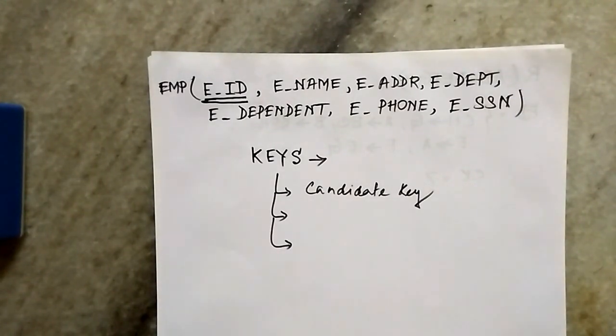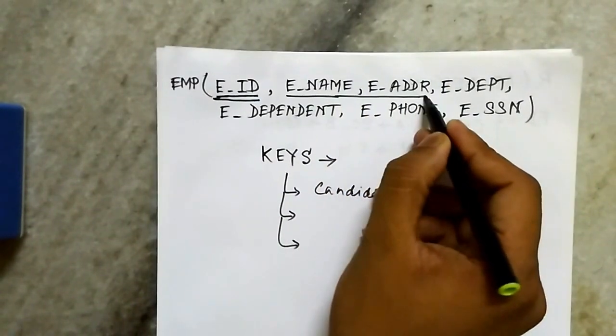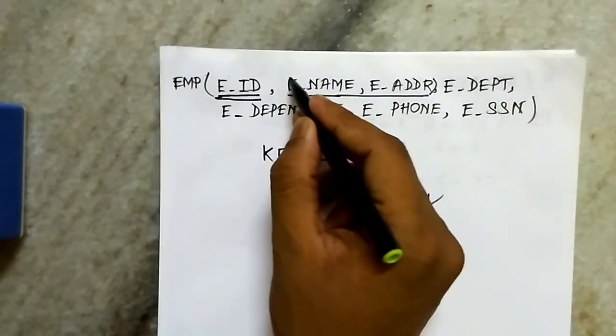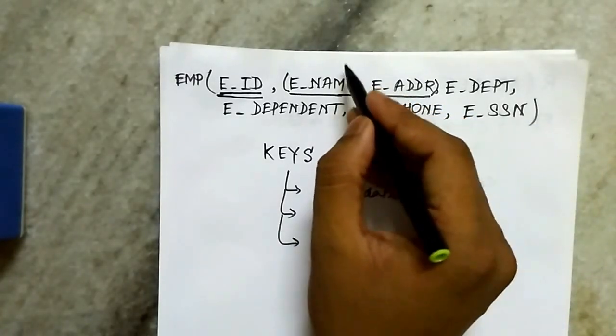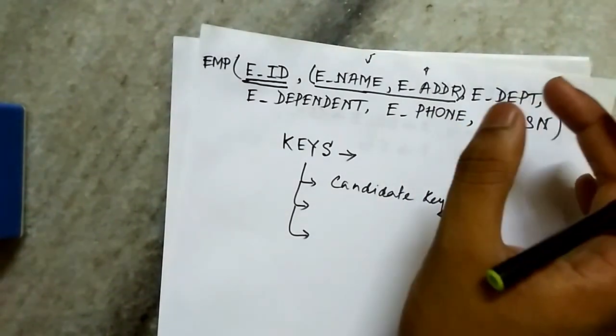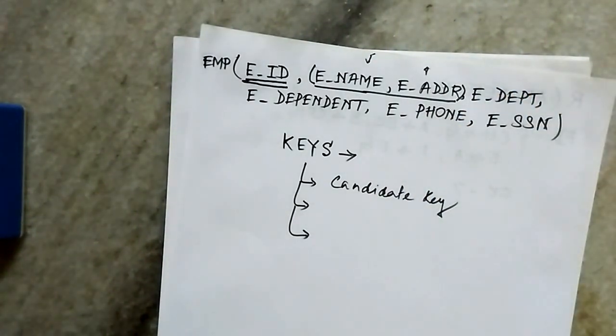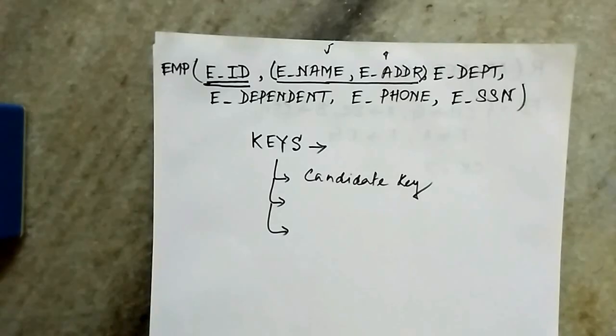That is, if we combine employee name and employee address, we can uniquely identify an employee. Like Arnab, Kolkata. There is not another Arnab whose address is Kolkata. So you can uniquely identify an employee by the employee name and employee address combination. So this also works as a candidate key.